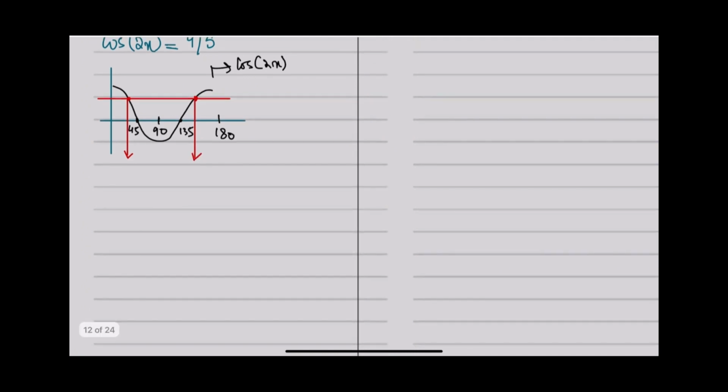Now, next step, find out the angle. So, cos of 2x is equal to 4 over 5. 2x is equal to cos inverse of 4 over 5.